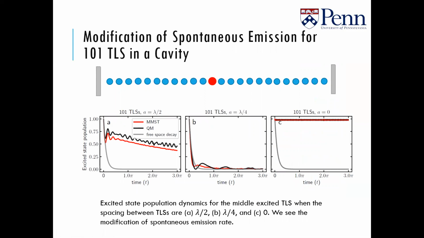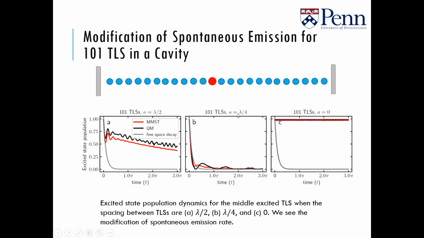Let's consider 101 two-level systems in a cavity, and only the middle one is excited. The red one means the excited two-level system, and the blue ones mean the ground state two-level systems. When the separation A between different two-level systems is half of the wavelength of the emitted field, we can see the MMST result, the red line, agrees with the QM result, the black line, very well.